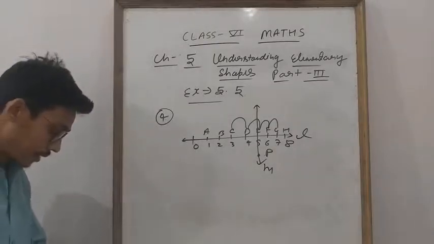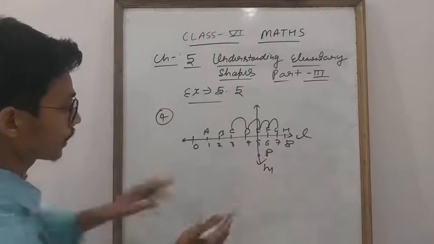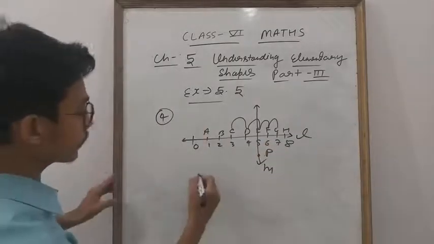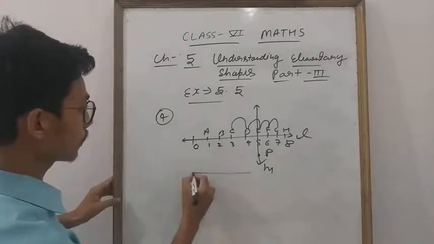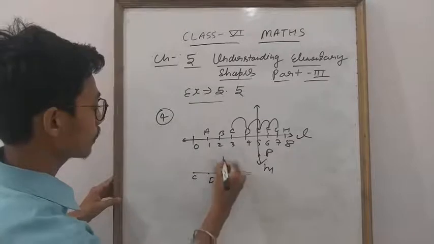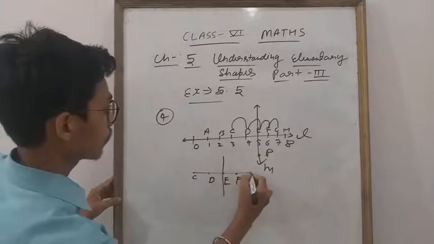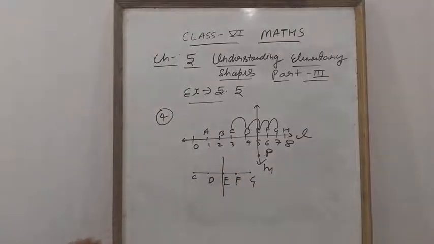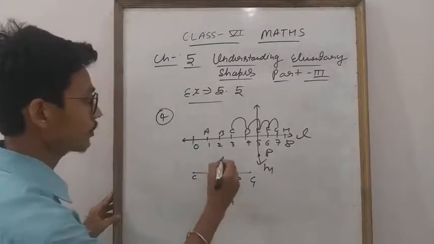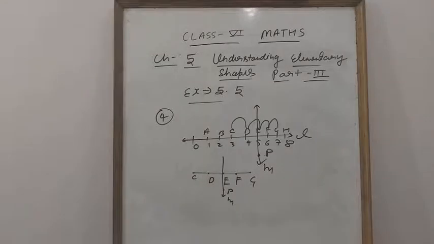First, we will find out the distance from C to E. See, this is PE. PE bisects CG. Now when you see the diagram like that: C, D, E, and this line F, this line G. Now it is given. See, this is P and this one is M. Okay, everyone, now it is given in the question: does PE bisect CG?